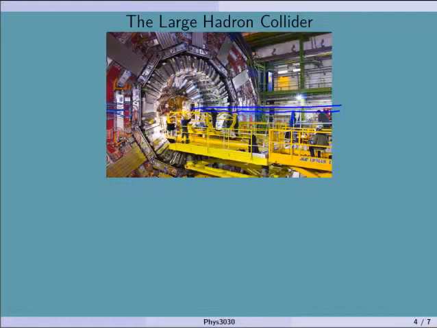So you get protons coming from this end, you get protons coming from this end, and you make them collide right here. And when they collide, they shoot off all kinds of new particles in all kinds of different directions inside this detector. And you can see this detector looks really complicated, and there's billions and billions of fiber optic cables coming into this thing, okay? And there's all kinds of engineering that needs to go into doing this.